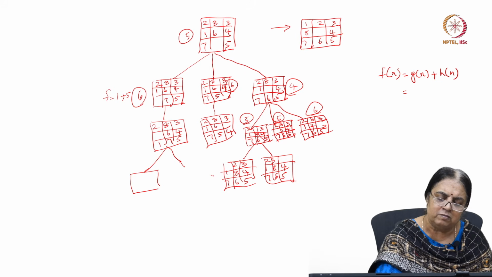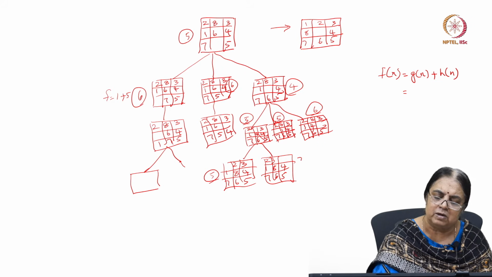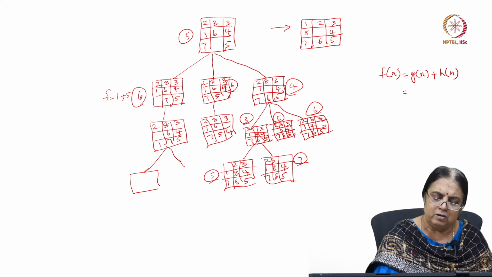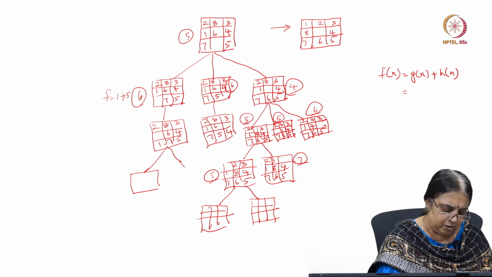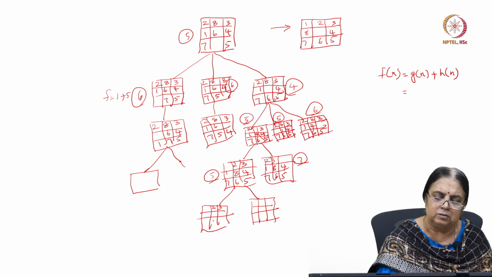Okay, so this has a value of 5 and this has a value of 7. Then you are going to choose the 5. So you expand this, right? So you are getting here 2, 3.